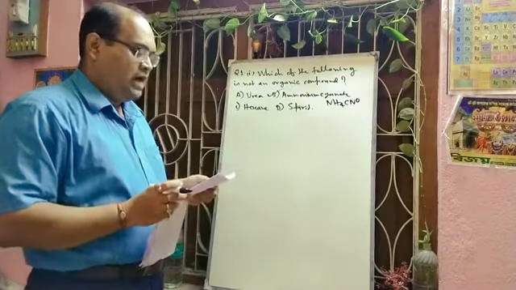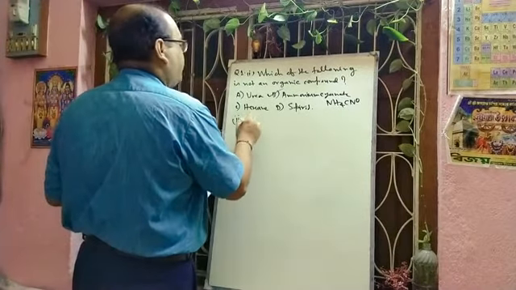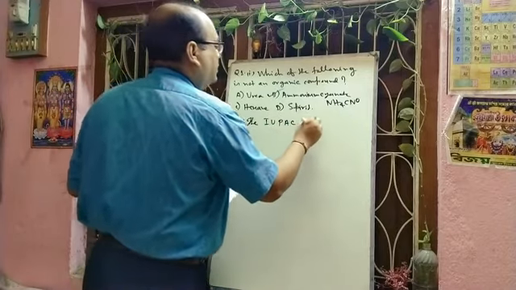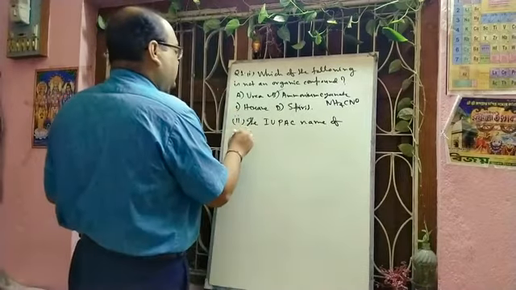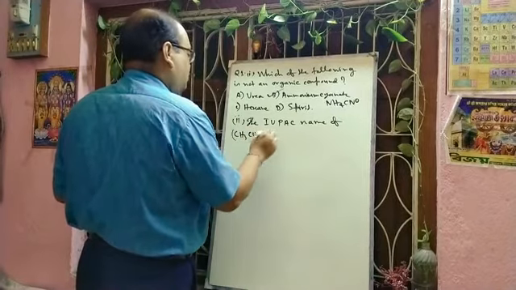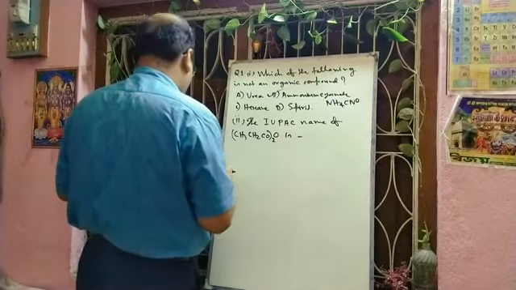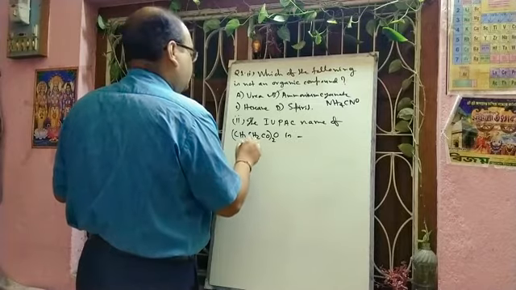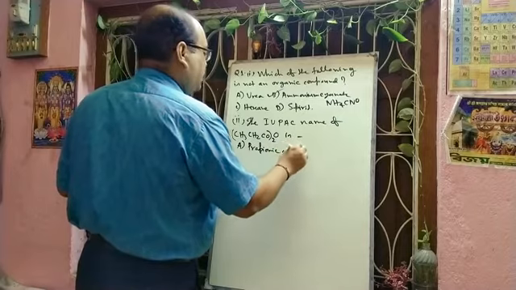Next question, the IUPAC name of CH3CH2CO whole twice O is, options are given: option A, propionic anhydride.